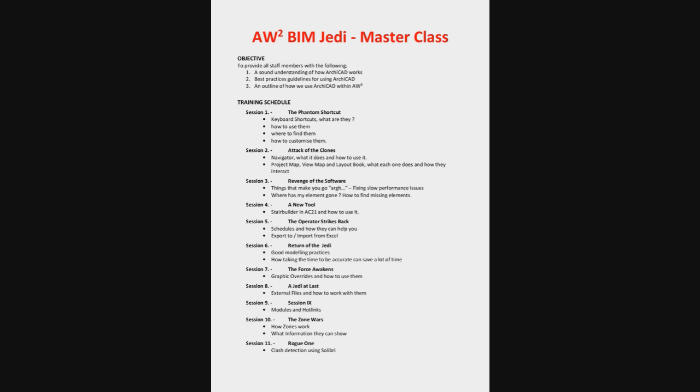Then modules and hotlinks, zones, and from there we'll extend into more difficult and in-depth areas of ArchiCAD. If anyone's got any ideas along the way on things that bug you or you can never work out, let us know, and we can start putting them into the system as well.